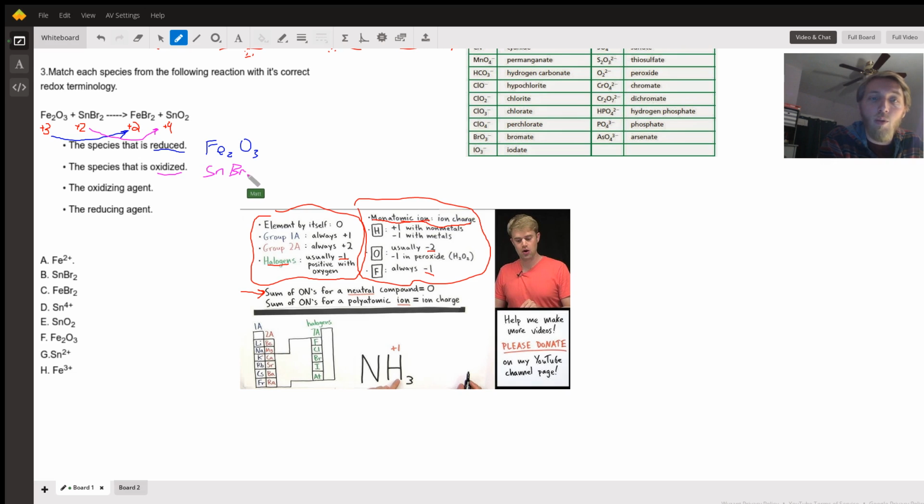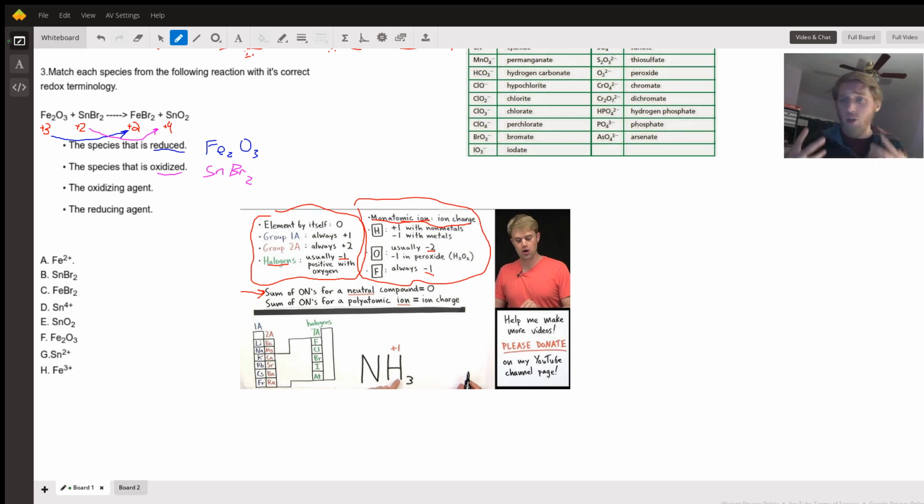Okay. Now, the reducing and oxidizing agents are the things doing the oxidation. They are not the things being oxidized. It's really backwards. But think about it as an oxidizing agent causes oxidation by accepting electrons that the thing getting oxidized gives away. Likewise, the reducing agent gives away electrons in order to reduce something else.